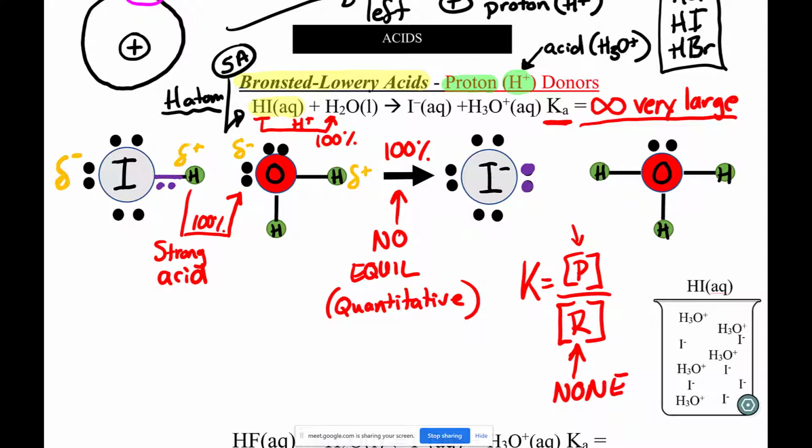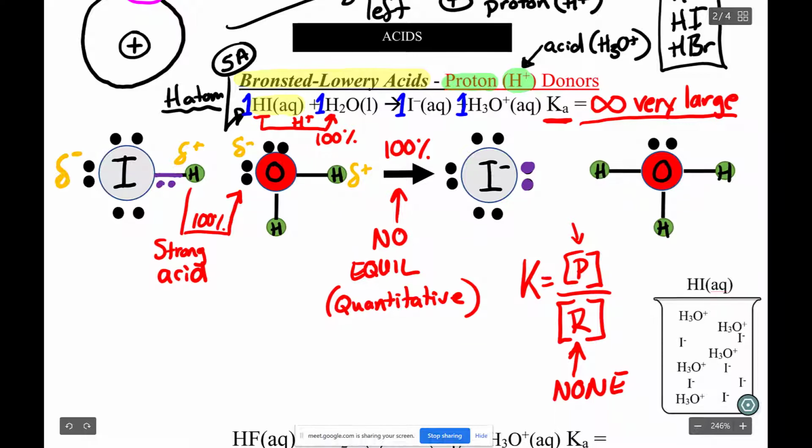This is not an equilibrium equation. So in Chemistry 20, you would have dealt with a lot of strong acids exclusively in calculations because we wouldn't need an ICE table to solve for concentrations because it quantitatively goes 100% forward. And they are always balanced 1 to 1 to 1 to 1.